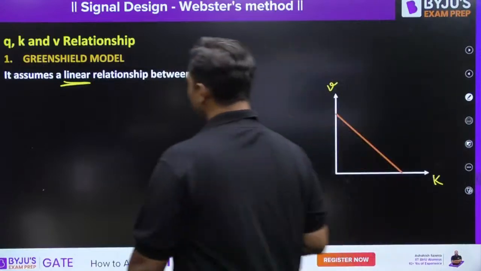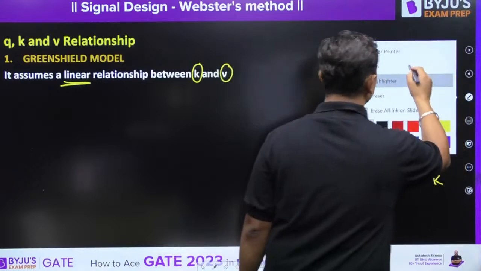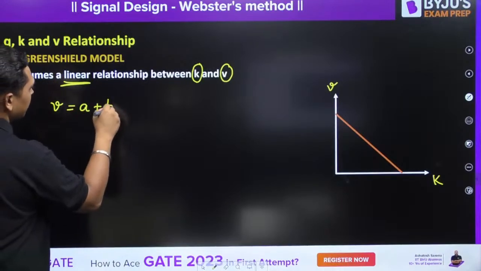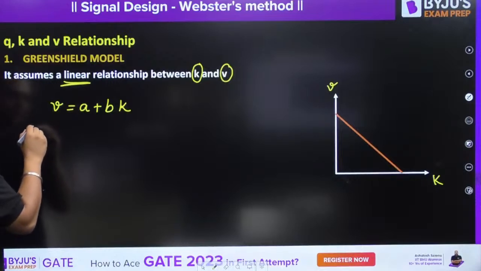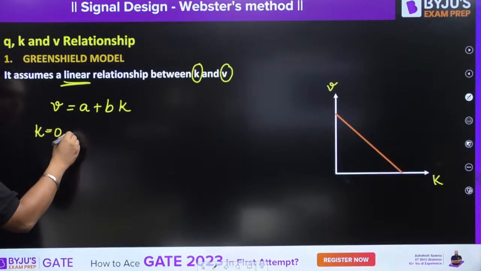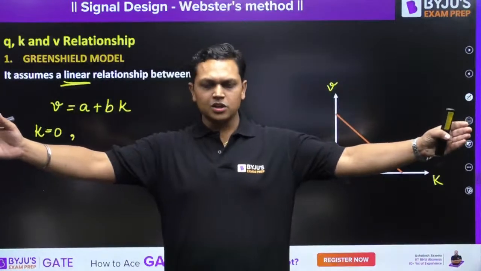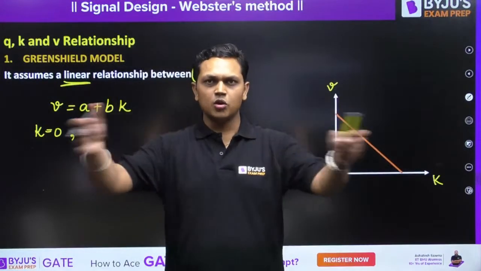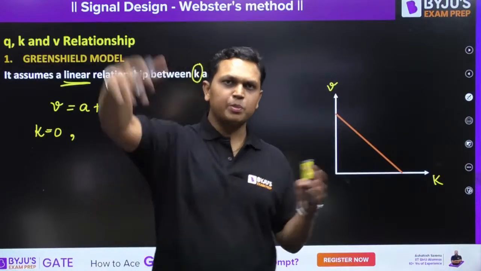Let us say that your velocity is equal to A plus B times density. Now what will happen if your density is equal to 0? Density equal to 0 means that when you take a 1 kilometer stretch of the road, there is no vehicle at all. That means vehicles are moving at a free speed.